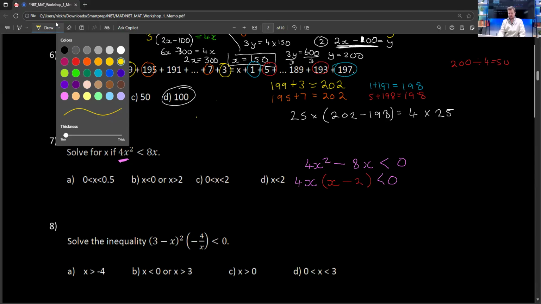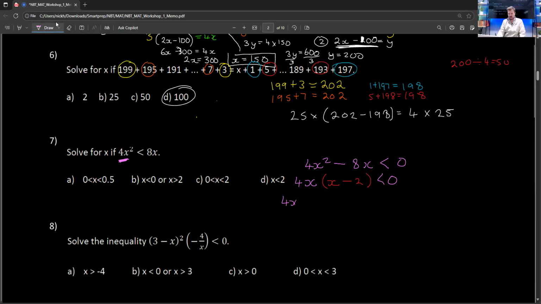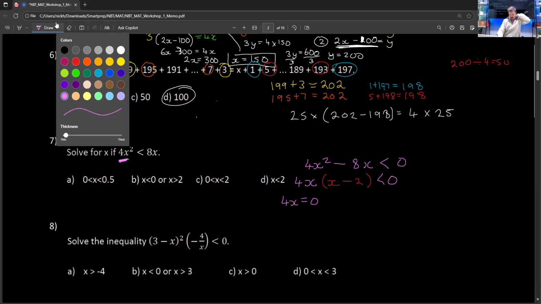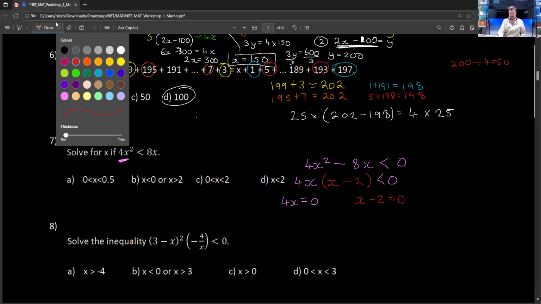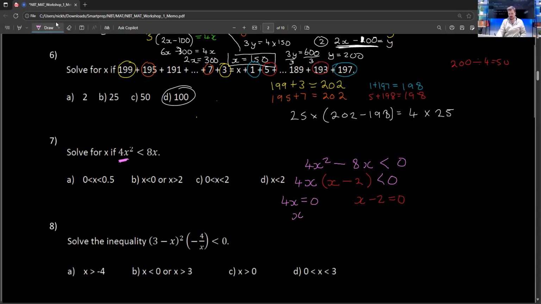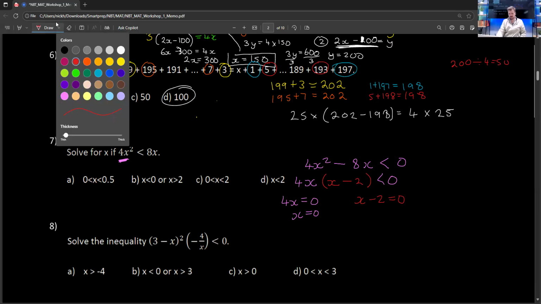So for x, we make it equal to 0, and we make x minus 2 equal to 0. These tell you the values that need to be in the answer. And so we get x equals 0 and x equals 2.